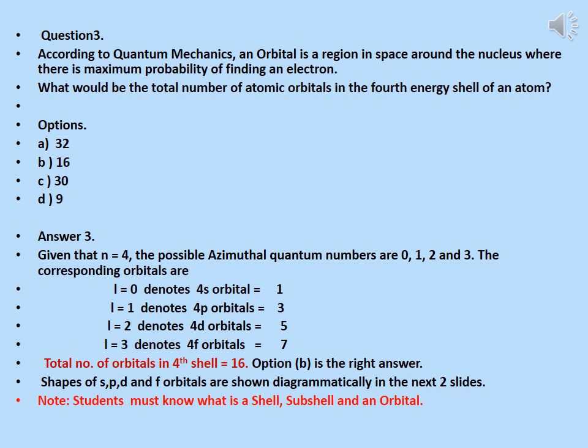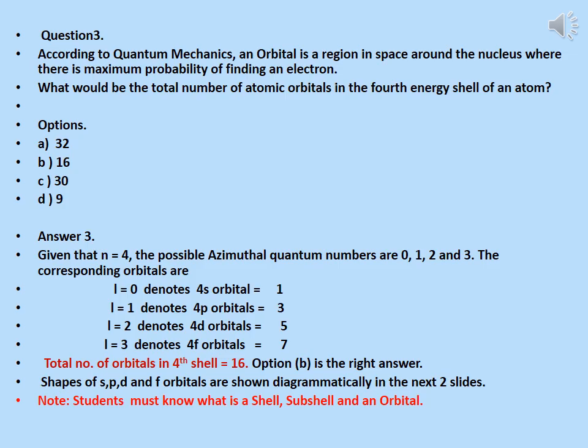Along the y-axis, it is then known as py orbital, and along the z-axis, it will be called pz orbital. See how the regions in space are now getting specific terms depending upon how they are distributed in space.